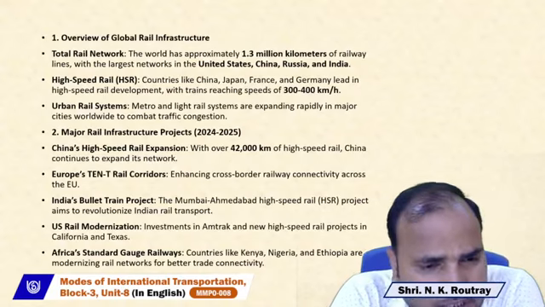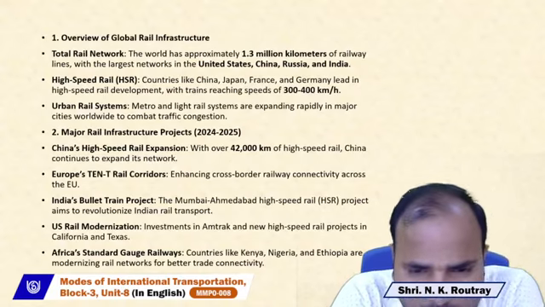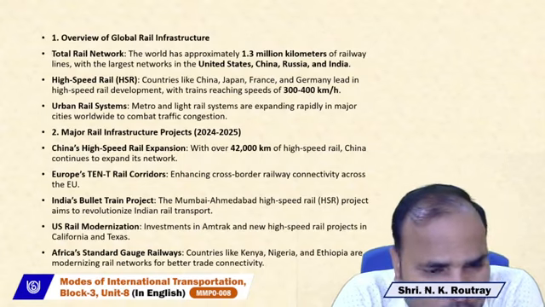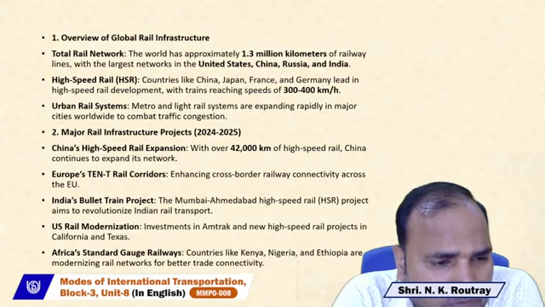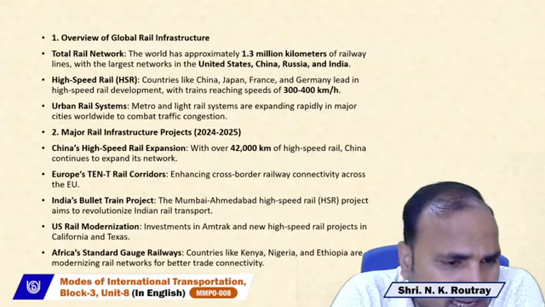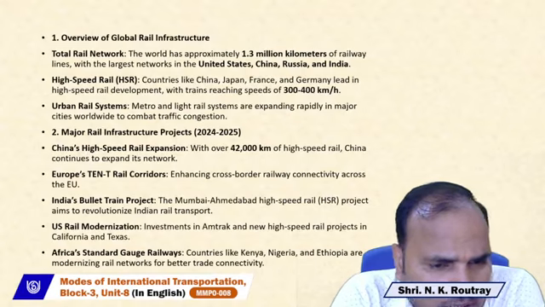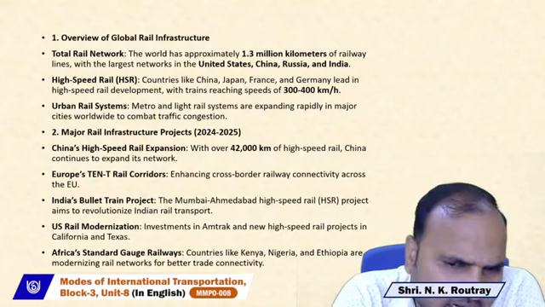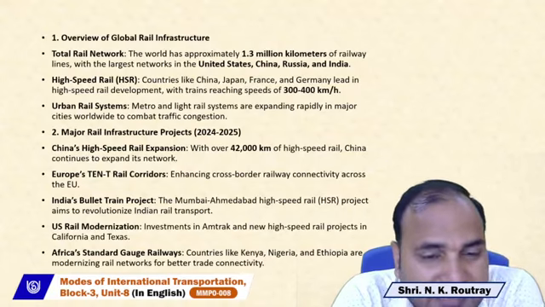Also, India's bullet train project, the Mumbai-Ahmedabad high-speed rail HSR project, aims to revolutionize Indian rail transport. Then you can think about US rail modernization, the investments in Amtrak and new high-speed rail projects in California and Texas.